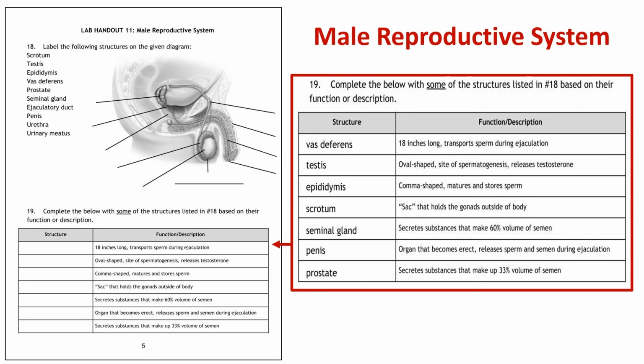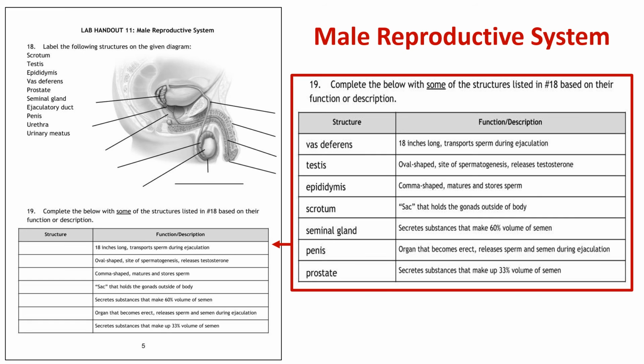Then we have seminal gland, secretes substances that make 60% volume of semen. Penis, organ that becomes erect, releases sperm and semen during ejaculation.